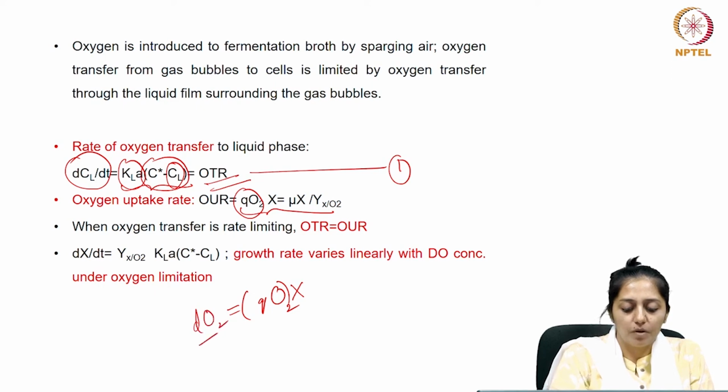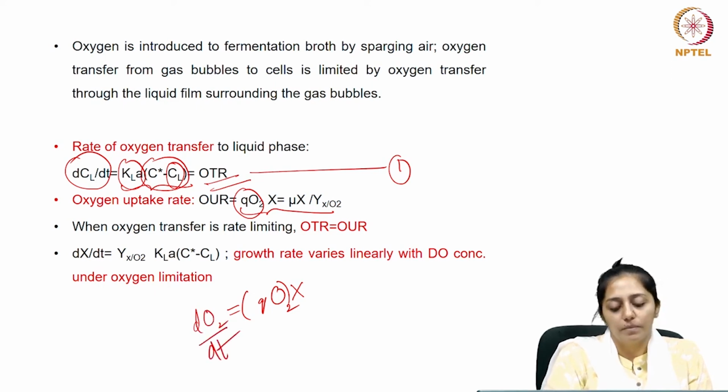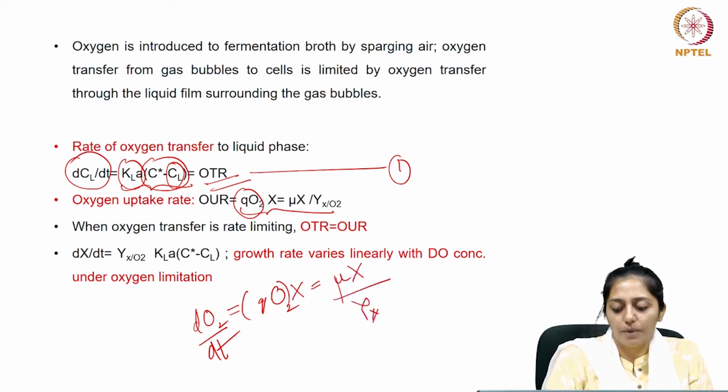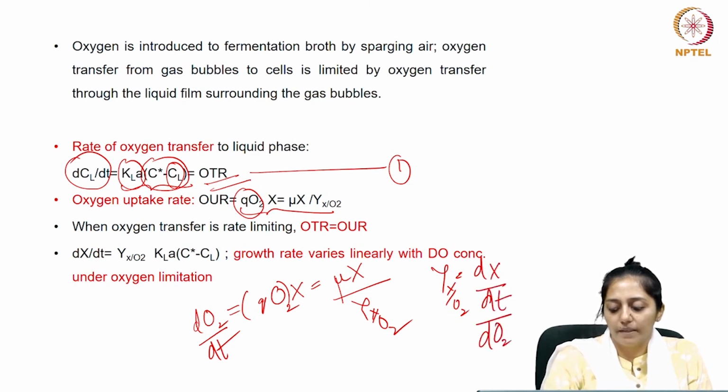The rate at which oxygen is getting consumed for growth can be equal to mu X by Y X/O2. Now what was Y X/O2? It can be written as dX by dt by dO2 by dt, the amount of oxygen which has been consumed for growth.